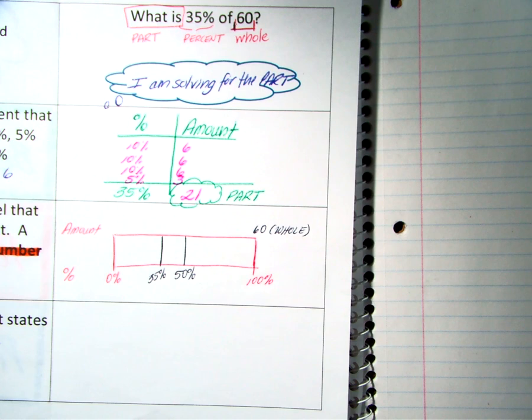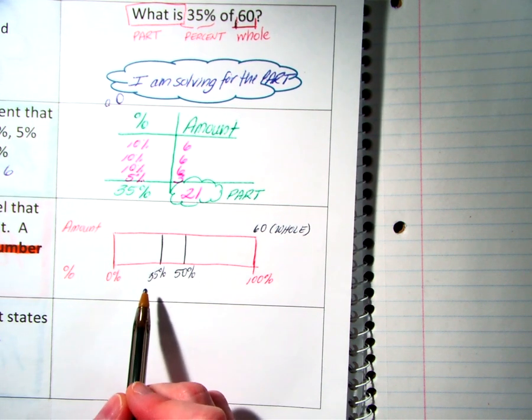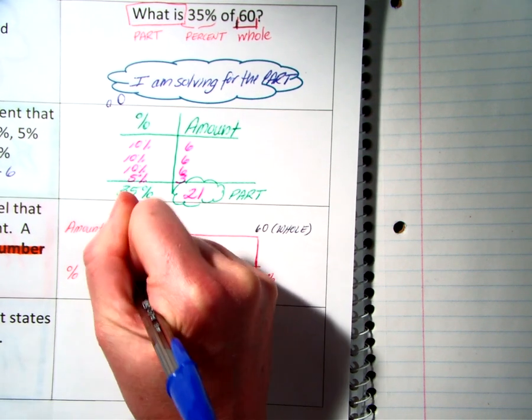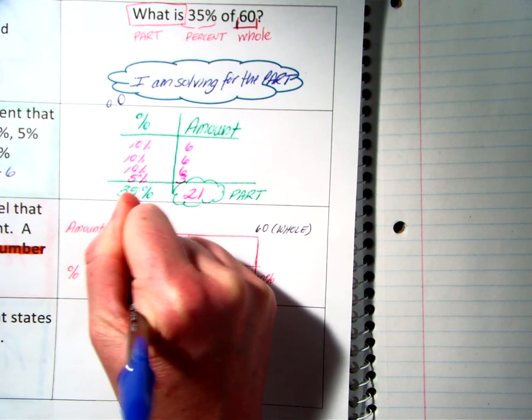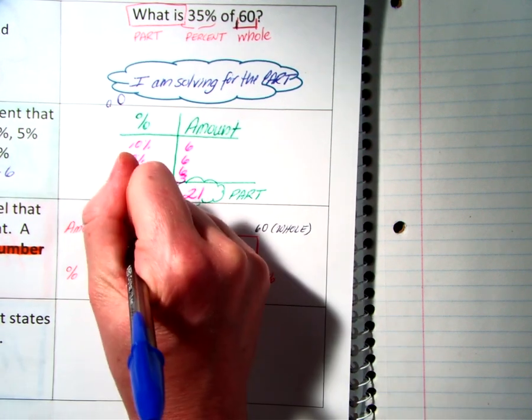So you have to think of another one that would be friendly. What friendly benchmark percent works nicely with 35? Perhaps a factor of 35. If you said 5%, you did excellent work. So I'm going to find what 5% is. Well, we know 10% is 6, so 5% must be 3.